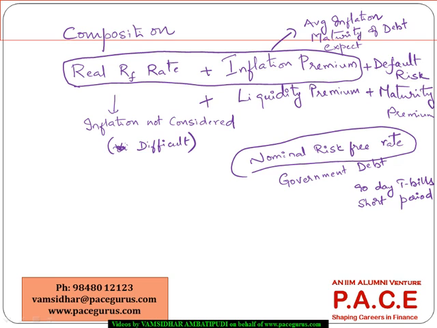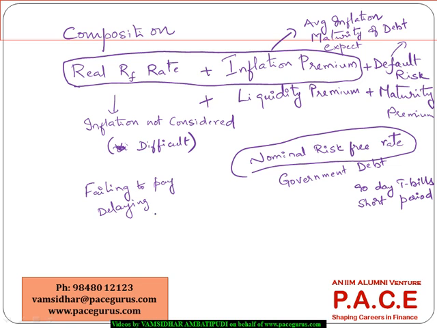And then we are talking about a default risk premium, where non-government, probably corporate borrowing or individual borrowing, there is some possibility of failing to pay, or delaying to pay.